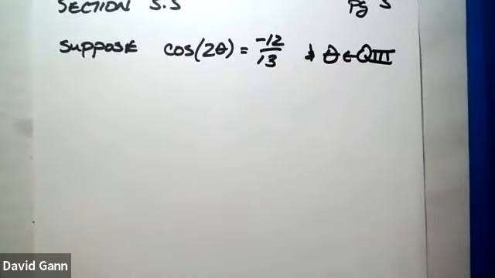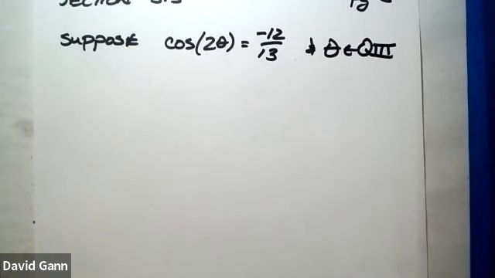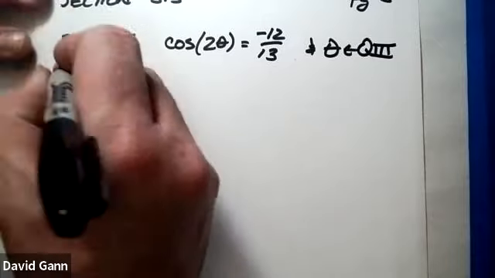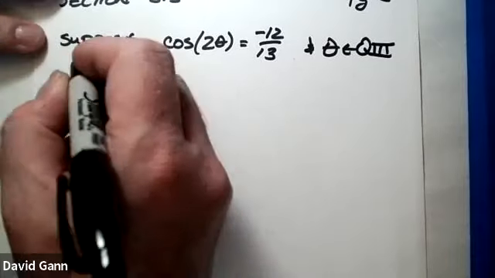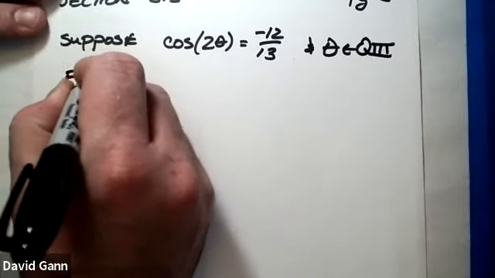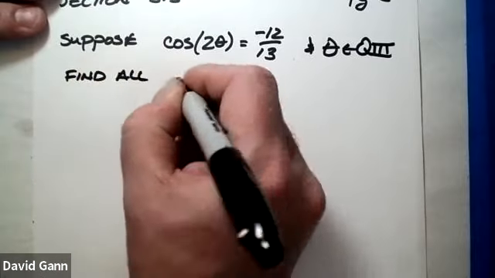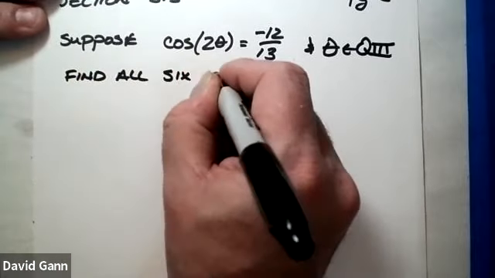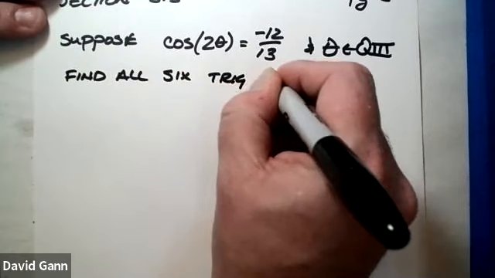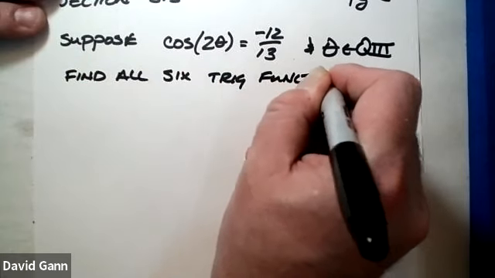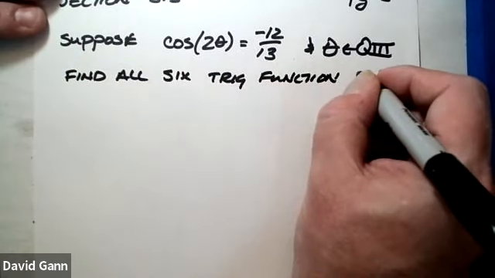I mean, there's all kinds of different versions of this, but I think this kind of gets to the heart of it. So we want to find, I think we can do this fairly quickly, all 6 trig functions as a function of theta.